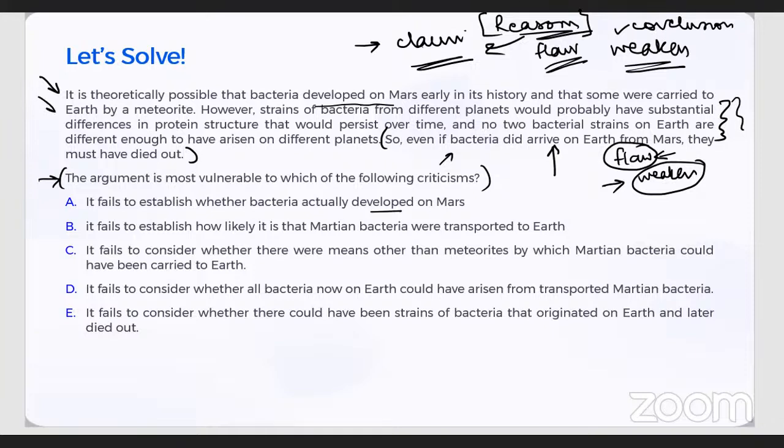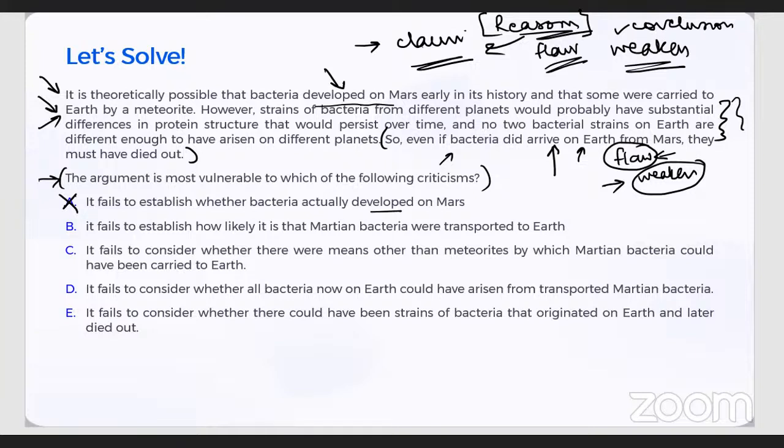If you read the argument, you will realize that it says bacteria developed on Mars and was carried out to Earth. So the argument is already assuming that this is possible. And the argument is focusing on what happened after the bacteria reached Earth, whether it died out or whatever. So the flaw is not about proving whether bacteria developed on Mars or not. So this is irrelevant. This is out.